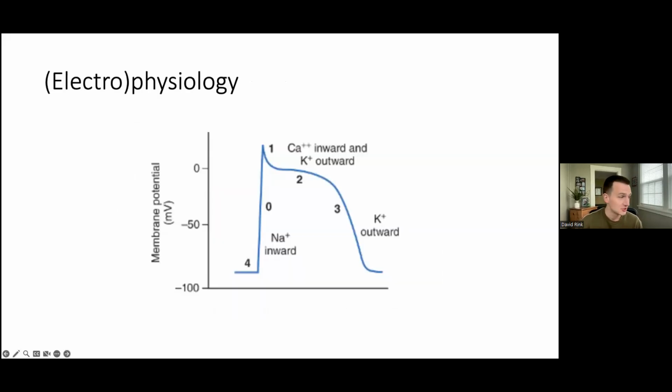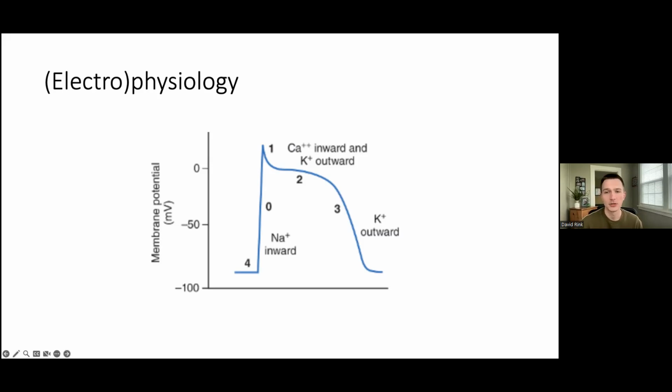From an electrophysiology perspective, I'm not going to dive into this too deeply, but if we remember our action potential here, it represents the time between phase 0, or that upstroke, and the end of phase 3, or the downstroke, as averaged across the entire myocardium.